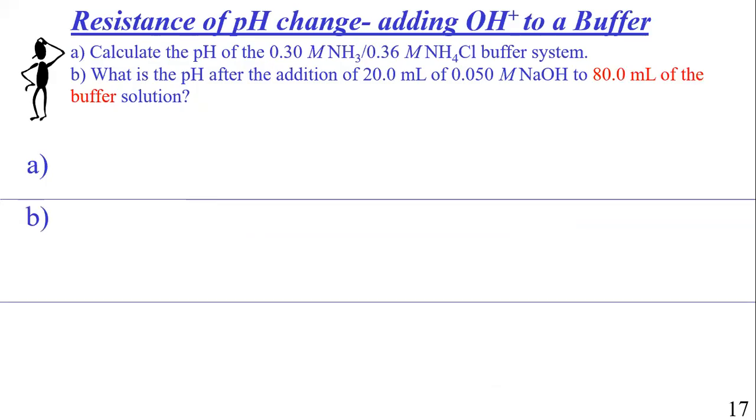Okay. Here's another final example of how our buffer resists pH change, and now we're going to add OH minus to the system. Calculate the pH of 0.3 molar ammonia with 0.36 molar ammonium chloride. Of course, your ammonium chloride is simply ammonium and Cl minus, which is simply the ammonium in solution.